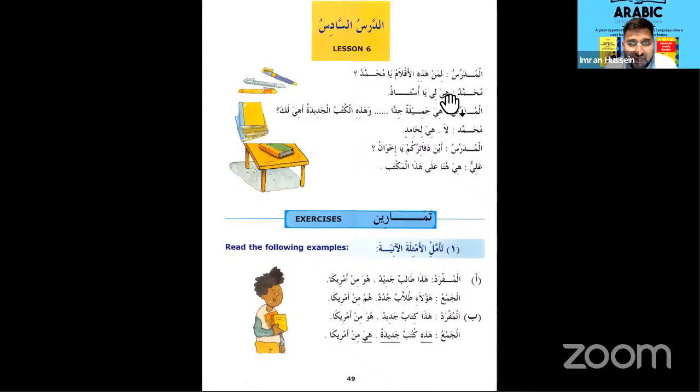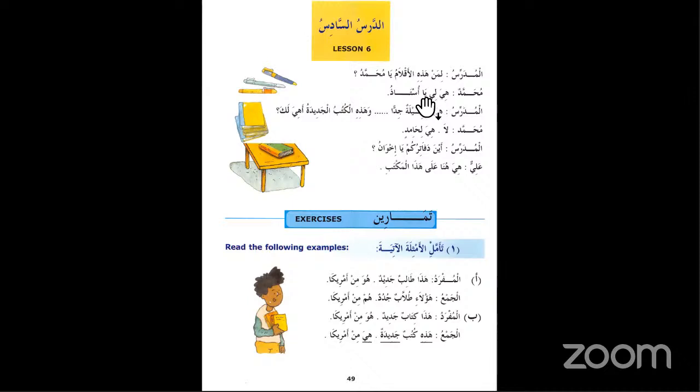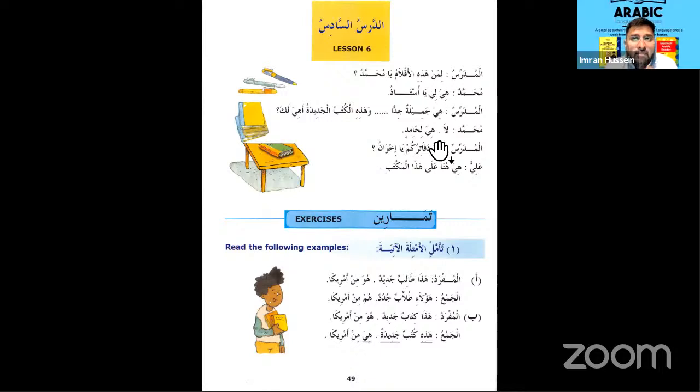Muhammad says to the teacher, hiya li. They are for me, O teacher. Meaning for Muhammad. So the hiya is referring to the pens. Correct. Because in the Arabic language, we use the pronouns hiya and huwa to refer to non-living as well. Oh, sorry, non-human.